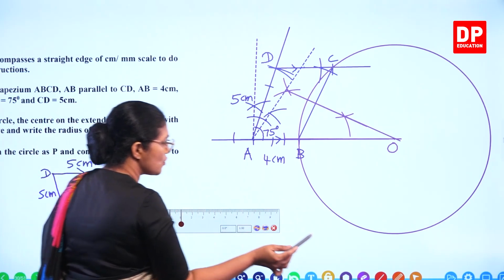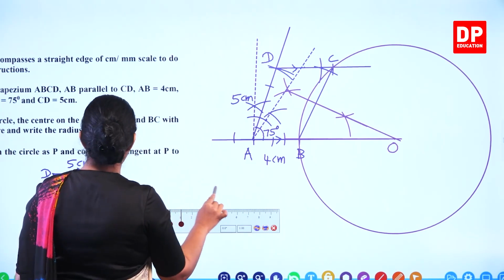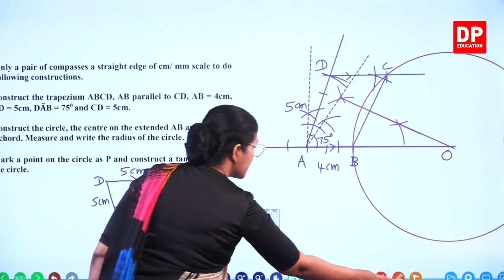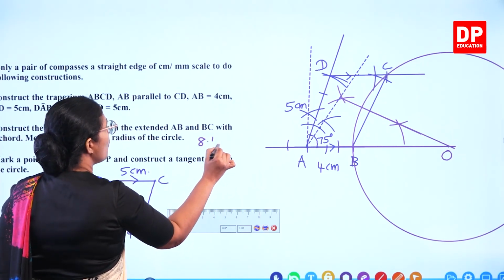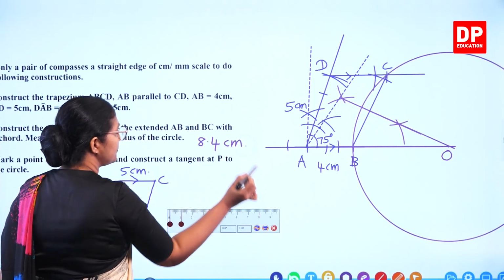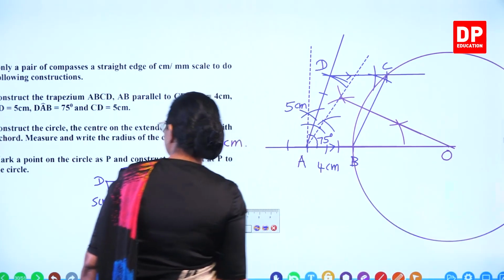So you can get plus or minus 0.1. So the radius is 8.4 centimeters. And what's the last part?